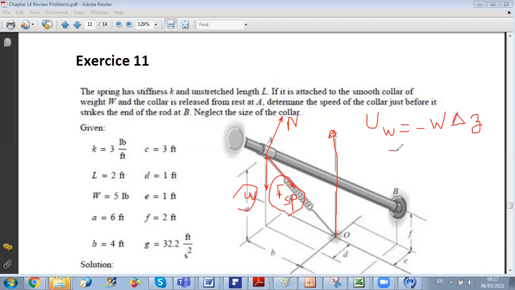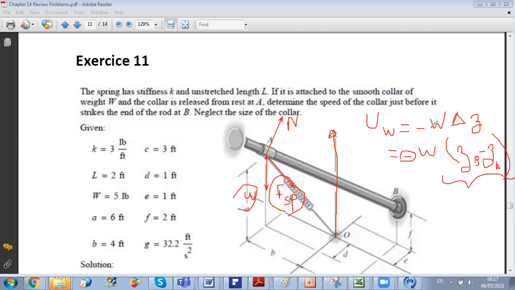which is equal here to minus W times Z of B minus Z of A. And you can expect that the work of the weight will be positive because you are going downward. So whenever I move downward, the weight will do a positive work. Because you are moving downward, delta Z will be negative because Z of B is smaller than Z of A, and you have minus outside.